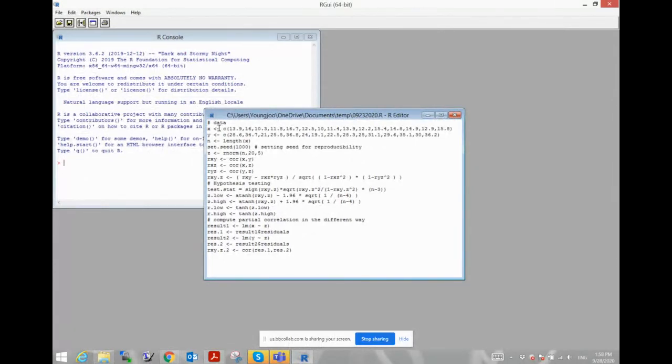So here I have the data x and y, and then here I generate the random variable z from the normal distribution with mean 20 and standard deviation 5.